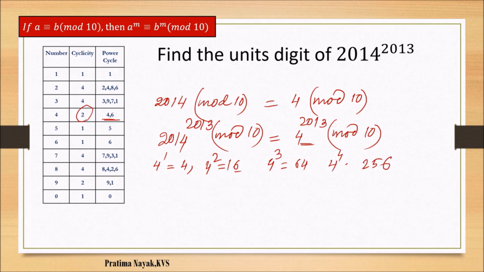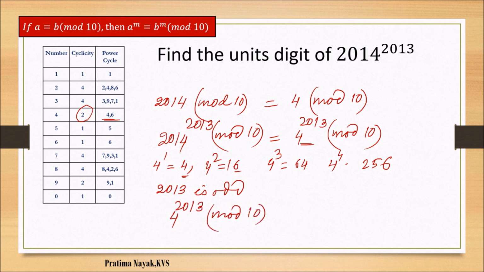If the power is odd, we are getting 4. If the power is even, we are getting 6. So 2013 is an odd number.